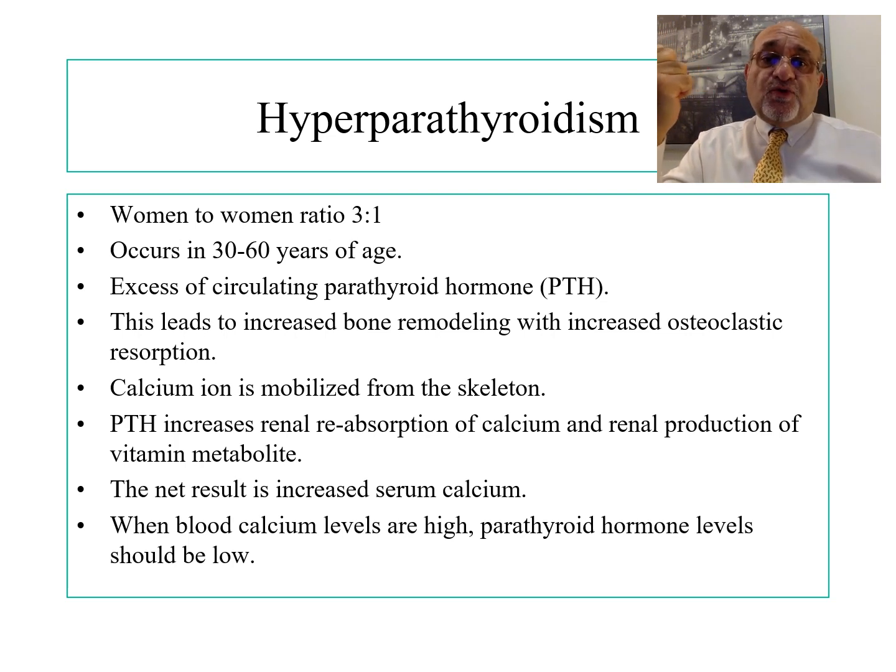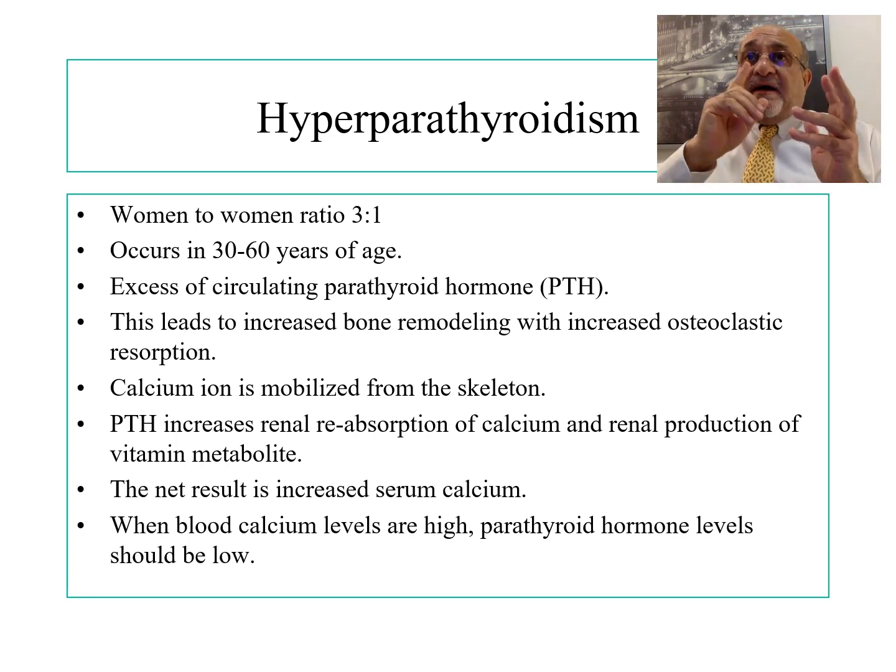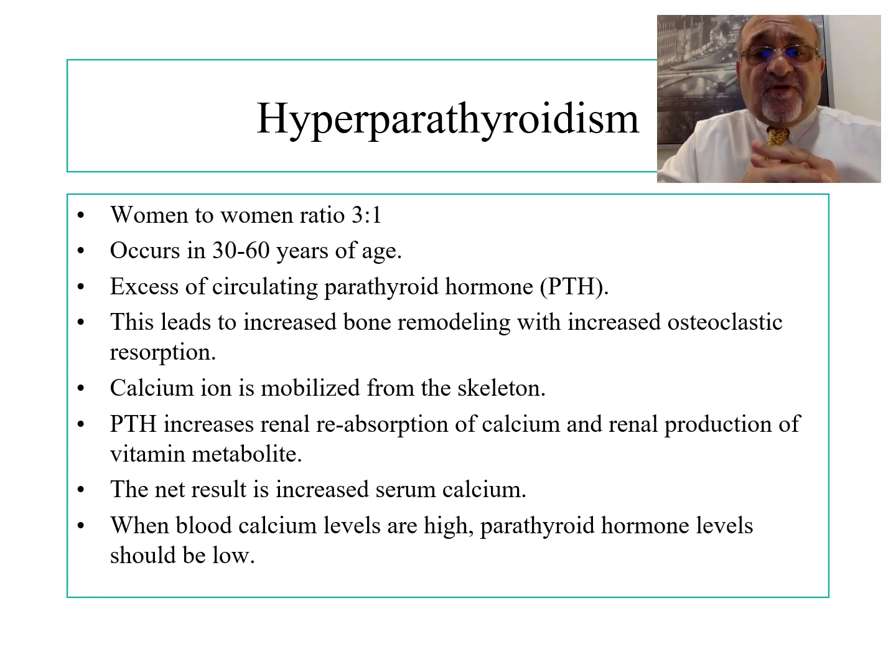This will lead to calcium ions being mobilized from the bone, from the skeleton, into the bloodstream. The parathyroid hormone also increases the renal reabsorption of calcium and renal production of vitamin D metabolite.